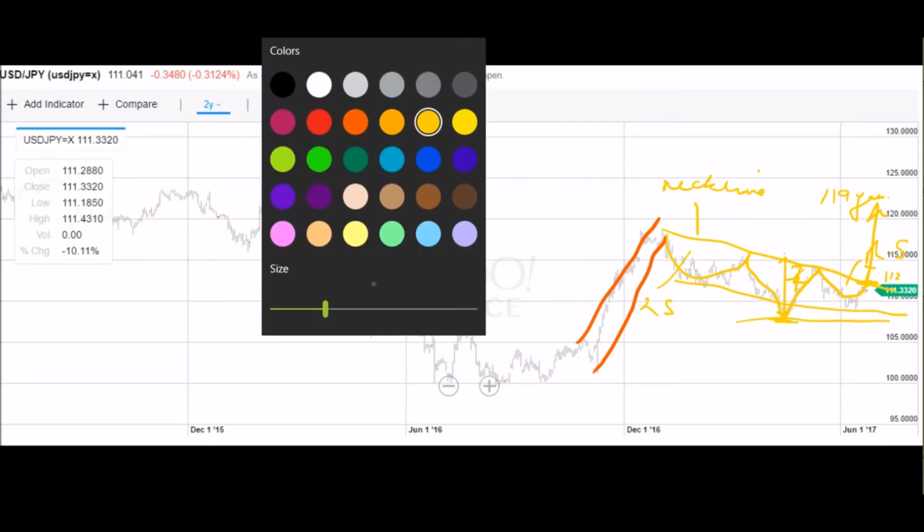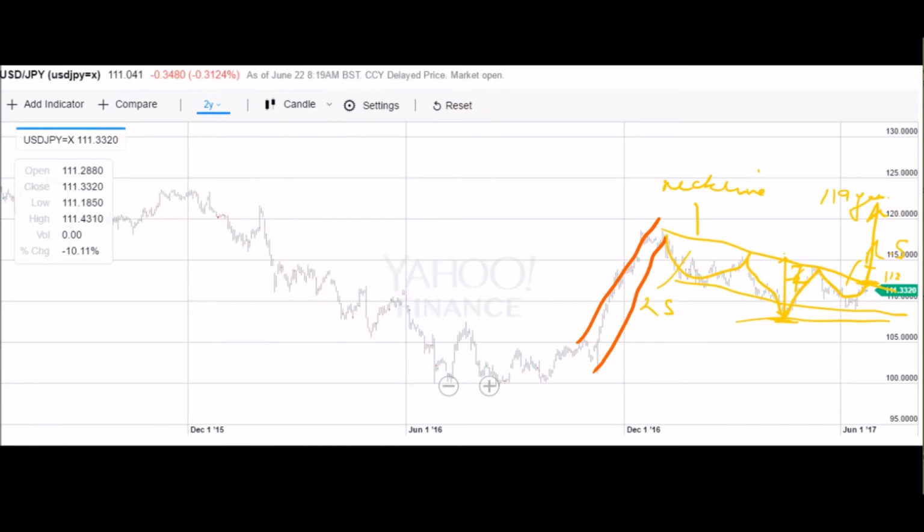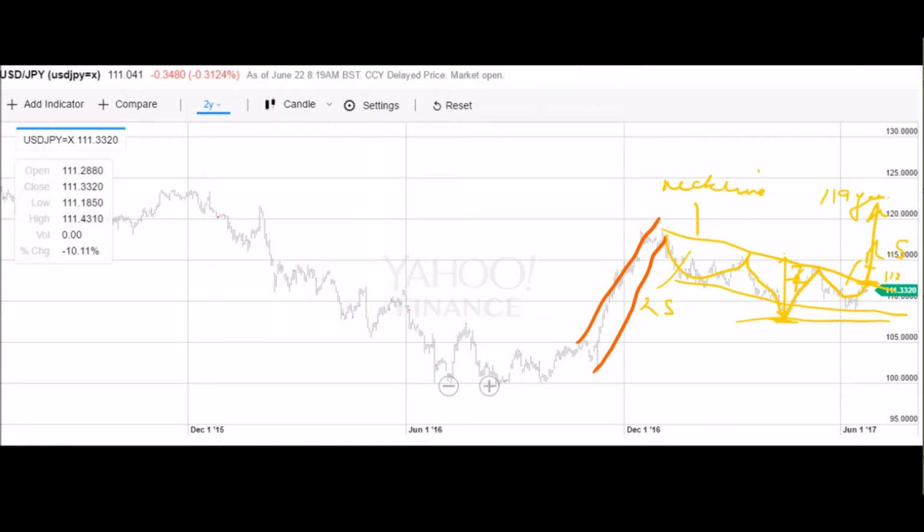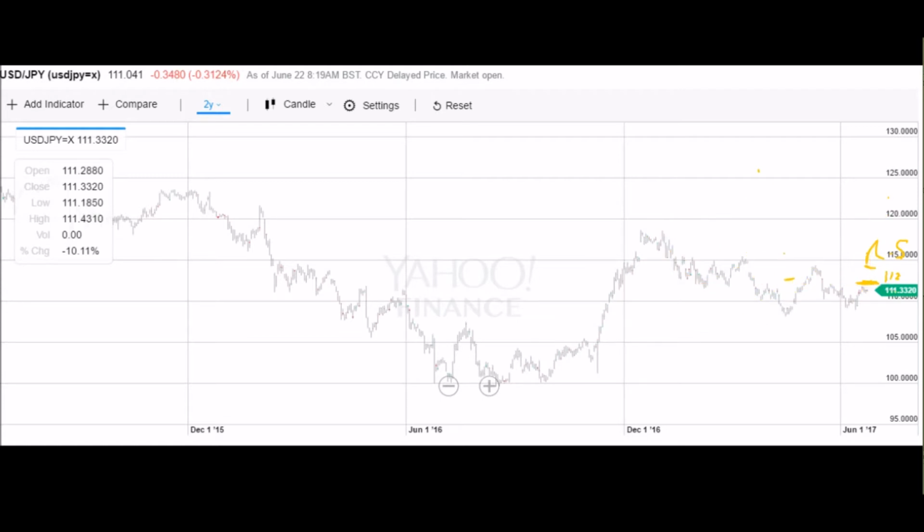So let's recap. Again, we need to do the same thing on all the currencies we are looking to trade: currencies, commodities, stocks. So we've identified the long-term trends, we've identified the current trend, the past trend, the retracement levels.